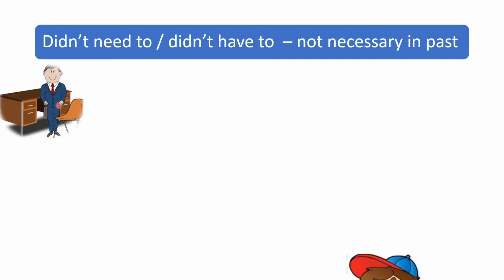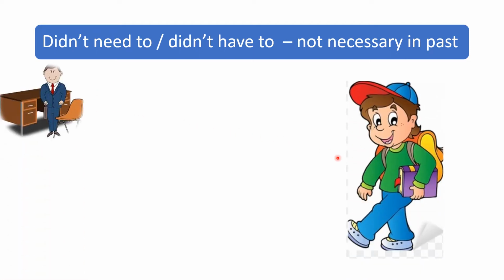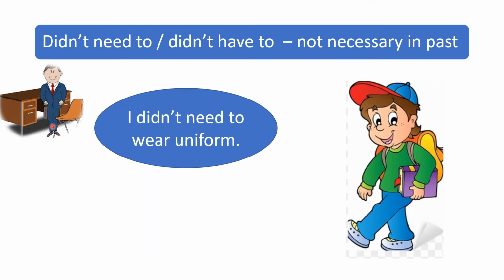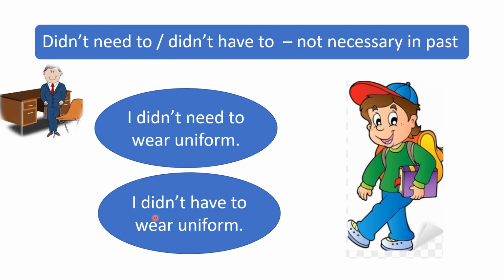The manager, when he was a student, he says, I didn't need to wear uniform, which means there was no uniform in his school, so he was lucky. Same meaning, I didn't have to wear uniform. Make sure after didn't we have used have to.